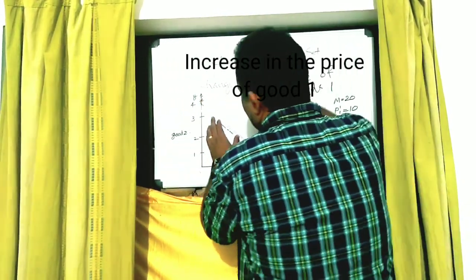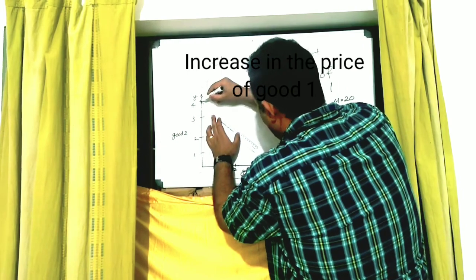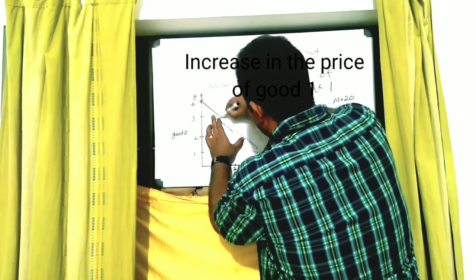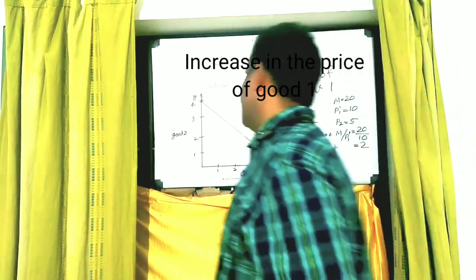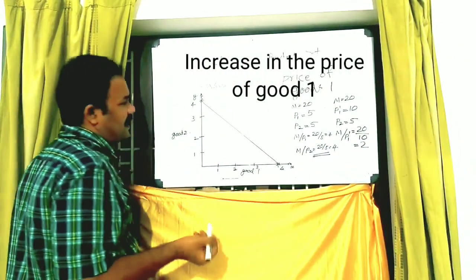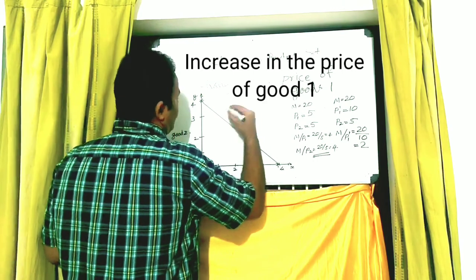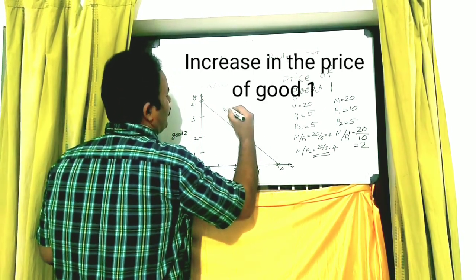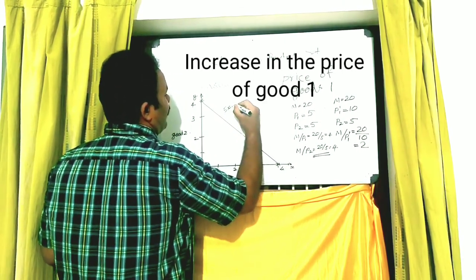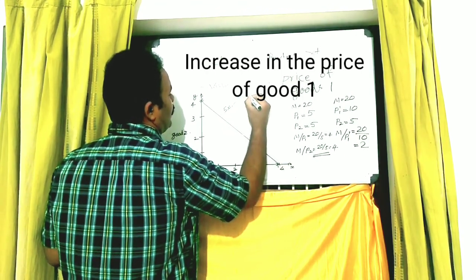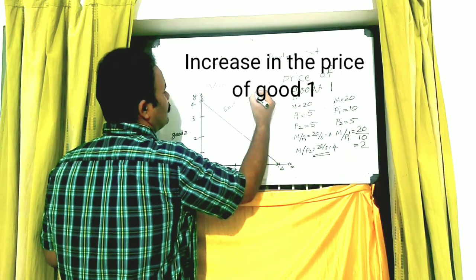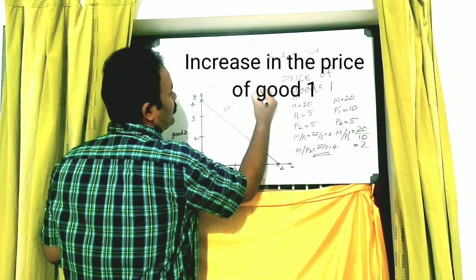By joining these points, we will get a line here, initial budget line. This budget line represents the equation 5x1 plus 5x2 is equal to 20.